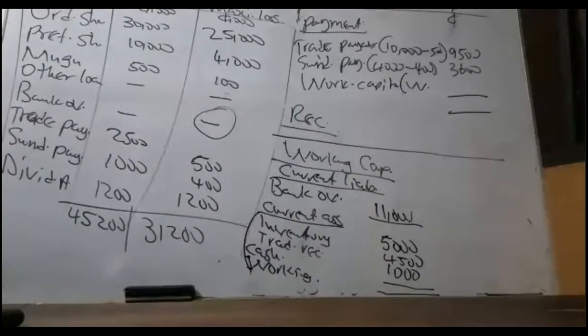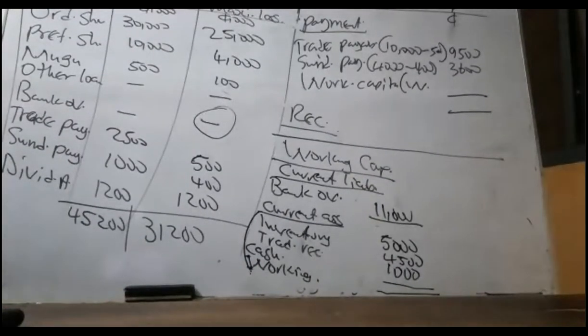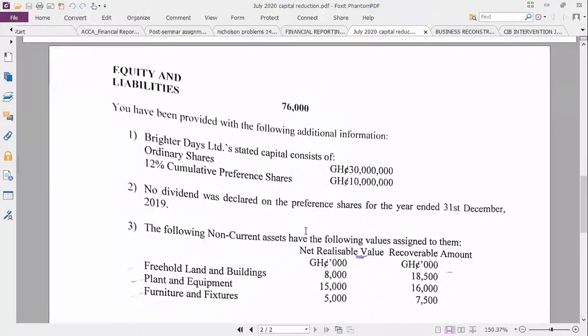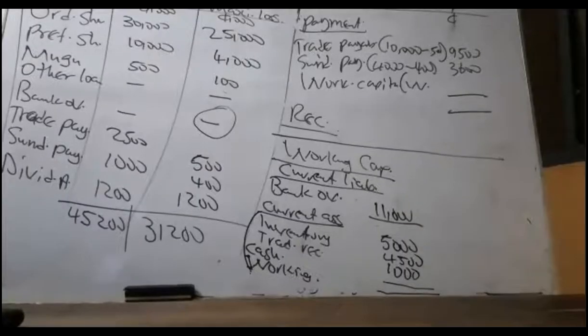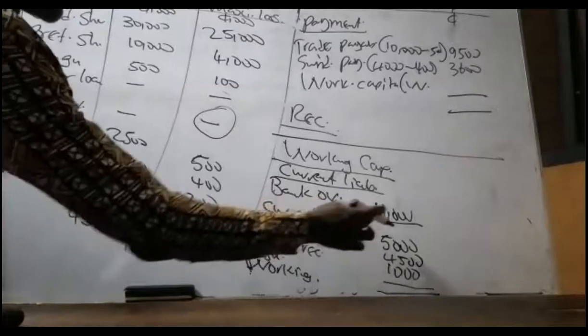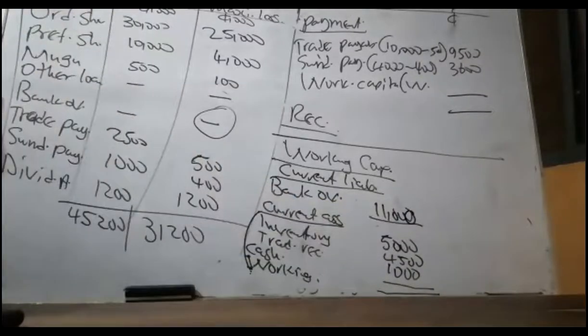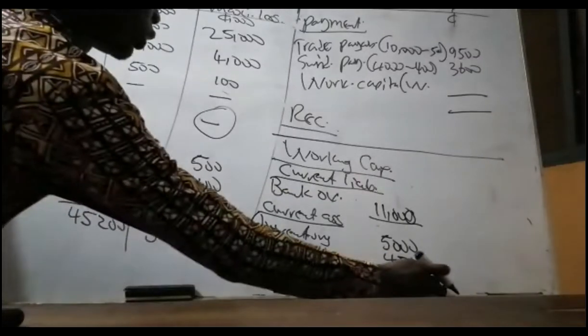Then you go and pick the working capital ratio. So the ratio is what? 2:1. You are giving 2:1 here. So that 2:1, what you have to do is just multiply the 11,000 by 2. You get what? 22,000. So here will be 22,000.